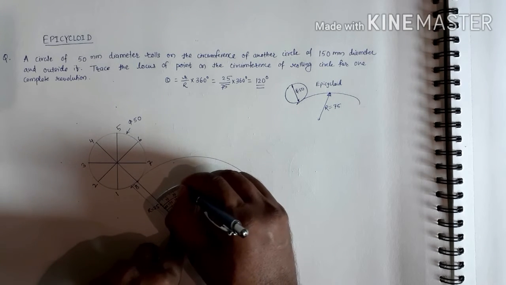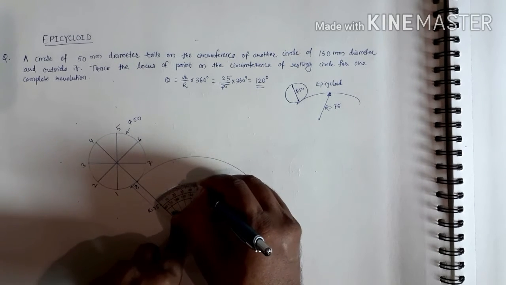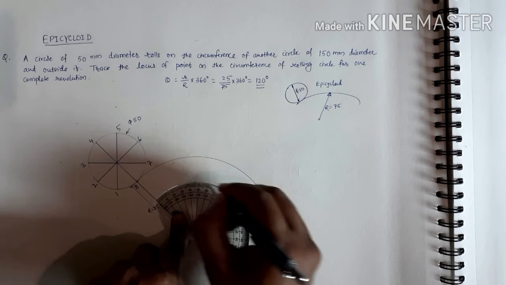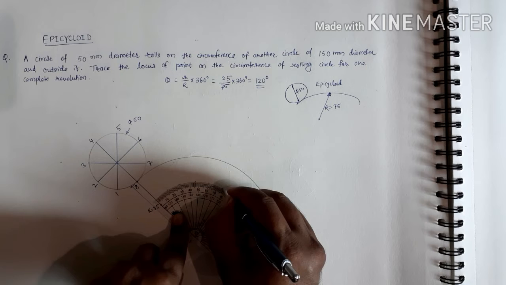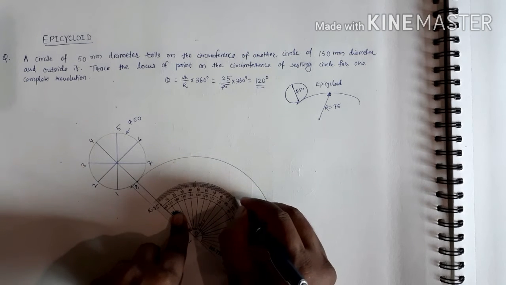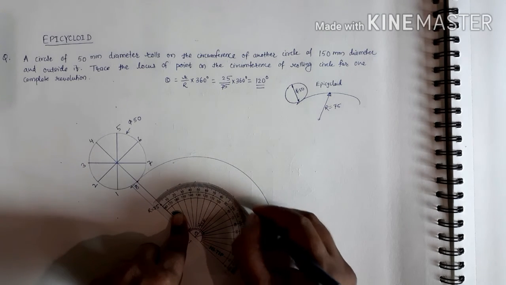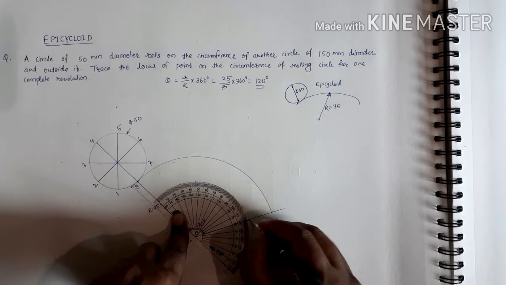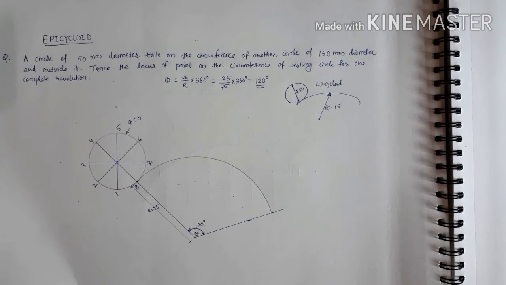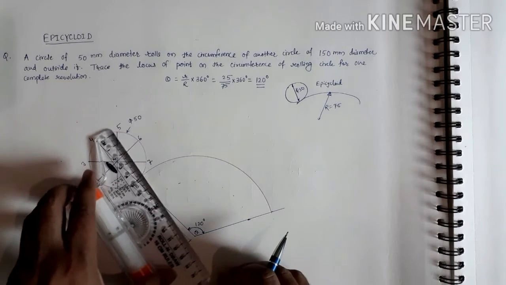So 120 divided by 8 again, that is 15 degree. So mark 8 parts. So this 120 degree is divided in 8 parts.